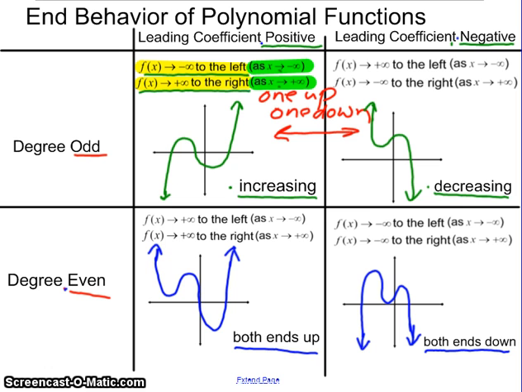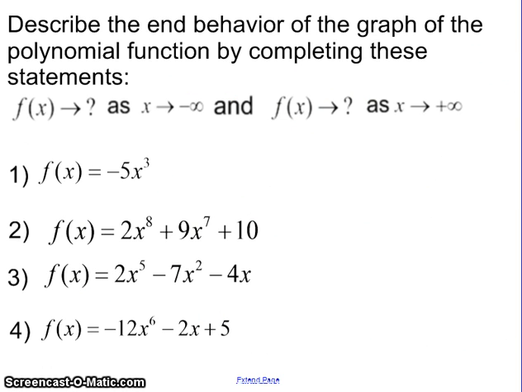So let's look at some problems. Describe the end behavior and the graph of the polynomial functions by completing these statements. Okay? So f of x does what as x approaches negative infinity? Remember, that means to the left.